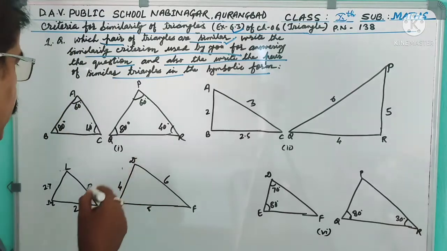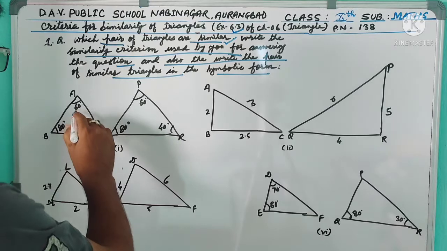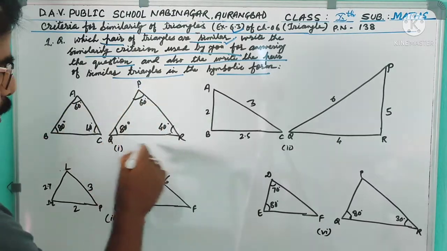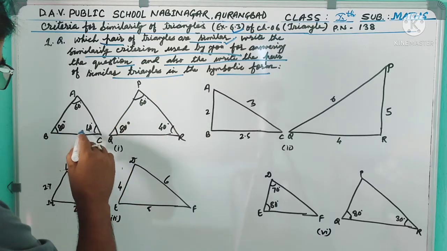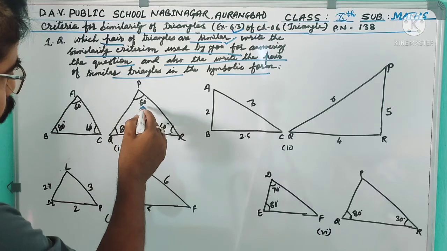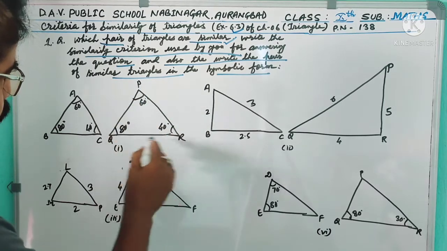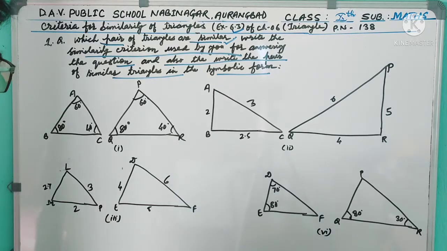Dear students, your first question here: in triangles ABC and PQR, A equal to 60, B equal to 80, C equal to 40, and also P equal to 60 in triangle PQR, Q equal to 80, and R equal to 40 degrees.